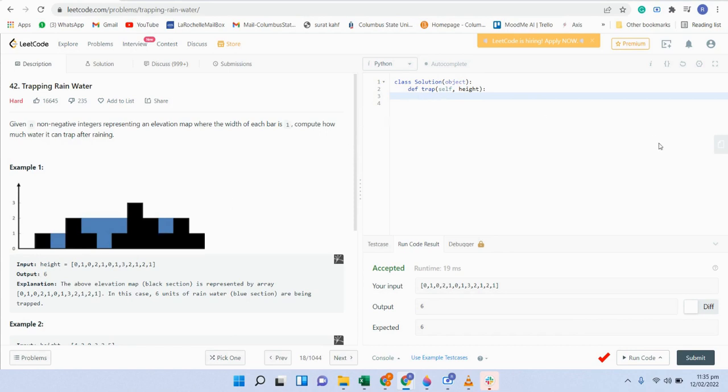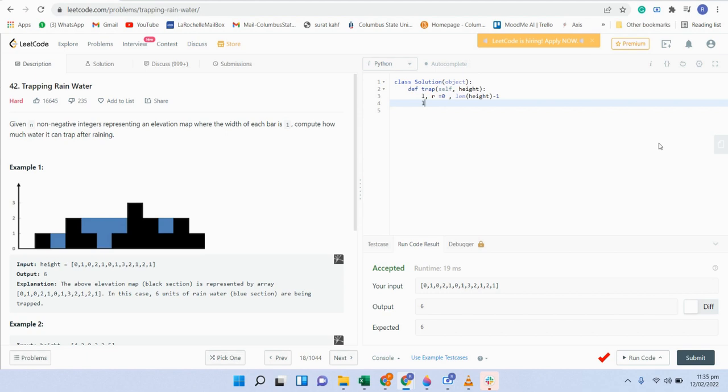So let's quickly write the code for it. It took some time to explain, I hope you have understood it. The first thing is the left and right pointer. The left pointer should be 0. The right pointer should be the length of the array minus 1.